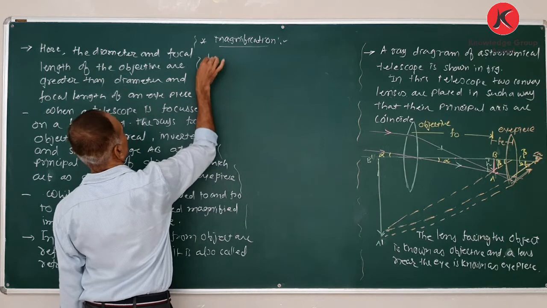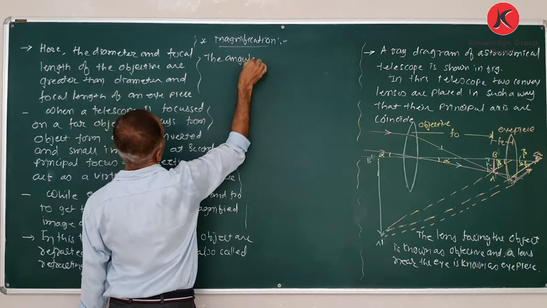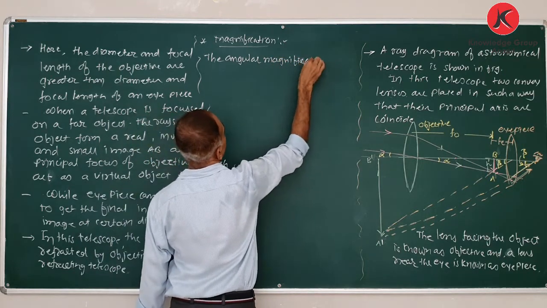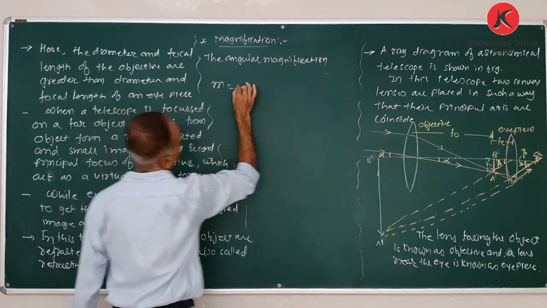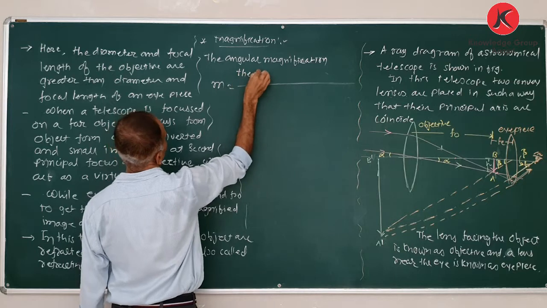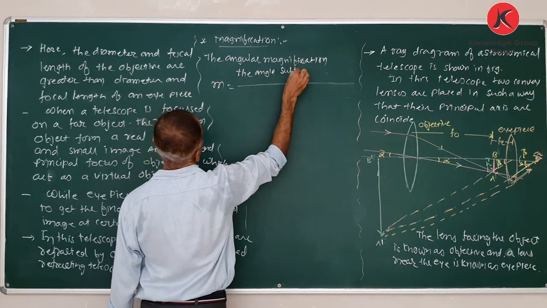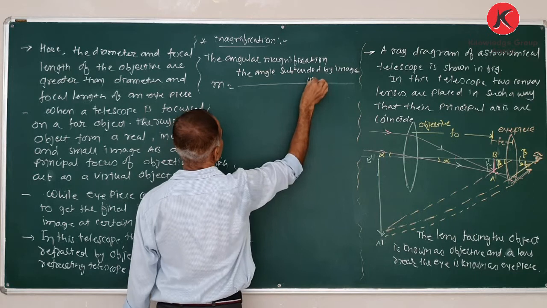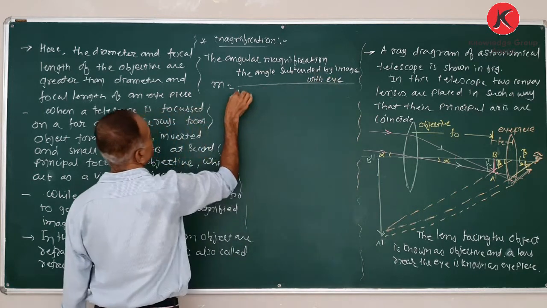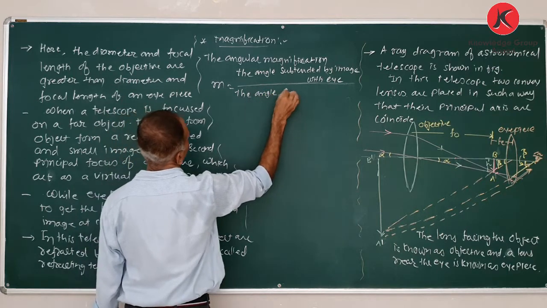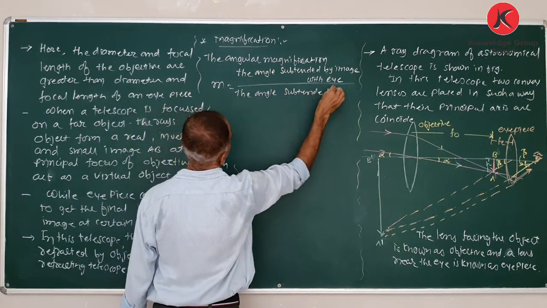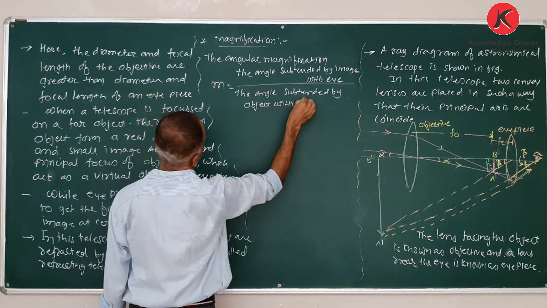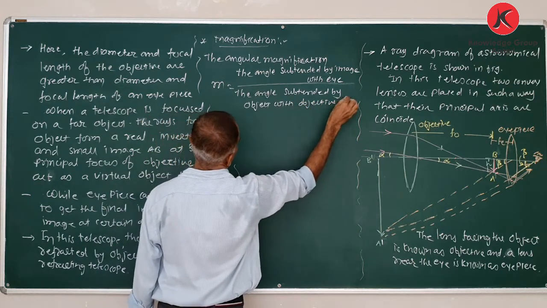Therefore, the angular magnification M is equal to the ratio of the angle subtended by the image at the eye to the angle subtended by the object at the objective or eye.